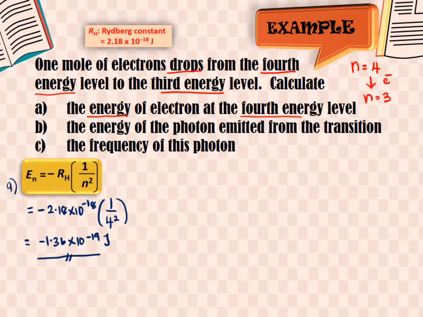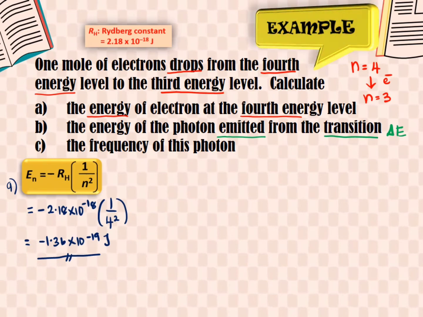Okay, next question B. The energy of photon emitted. See, emitted. Emitted maksudnya dibebaskan. Okay, from the transition. Transition maksudnya pergerakan daripada satu energy level kepada satu energy level. So, it means that this question asks you to calculate the value of delta E, the change of energy.